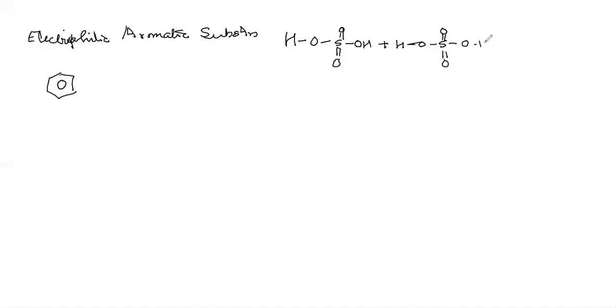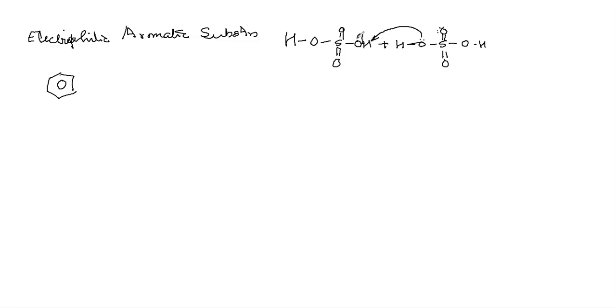So one molecule of sulfuric acid will act as an acid and the other will be acting as a base. You are going to generate an electrophile from the other. How does it act? You can take either this lone pair of electrons or maybe this lone pair of electrons. So what I think is you can take this lone pair of electrons and attack this.